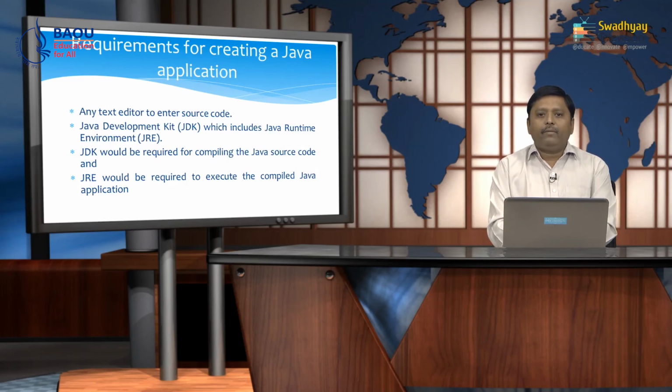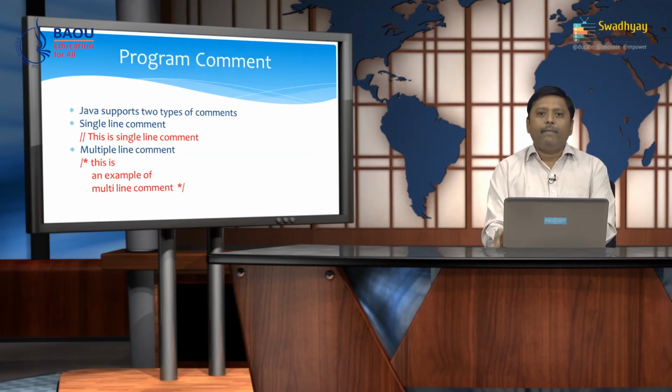So, the requirement for creating a Java application is any text editor or IDE, and with these you must have Java development kit and Java runtime environment installed on your system. Remember, JRE is only for executing your application and JDK is used for developing your application. So, these three are the basic requirements for creating a Java application.